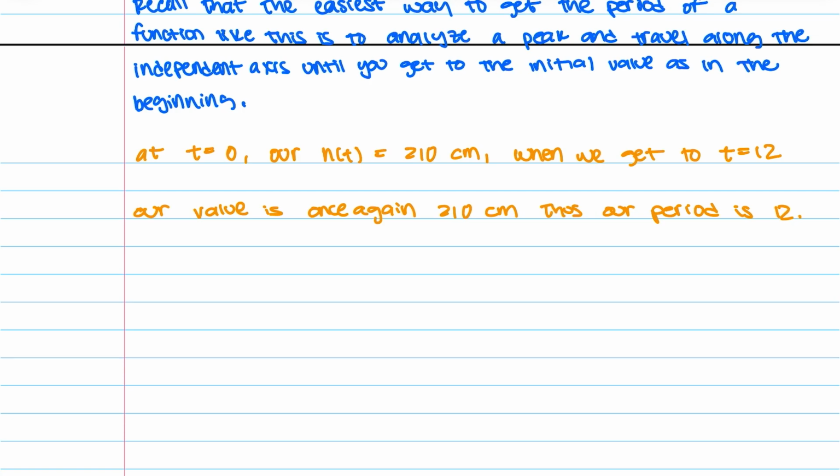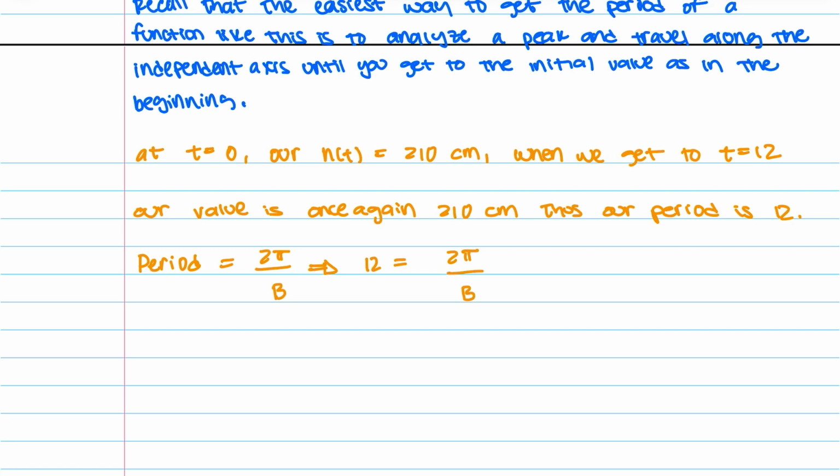Now, by finding the period, finding b becomes a much easier task. We'll write out our equation, which is period is equal to 2 pi divided by b. Substituting in that value for period, we get 12 is equal to 2 pi divided by b.